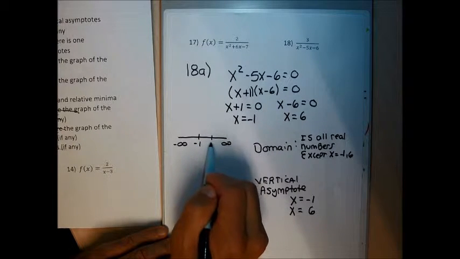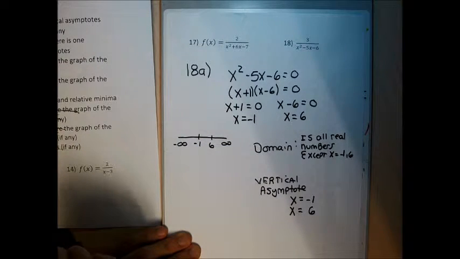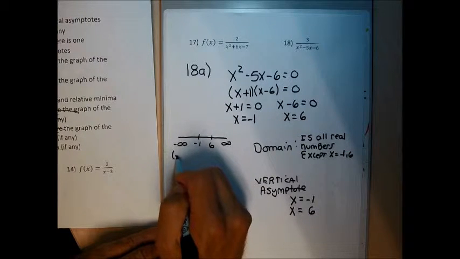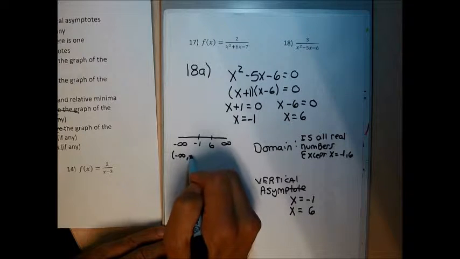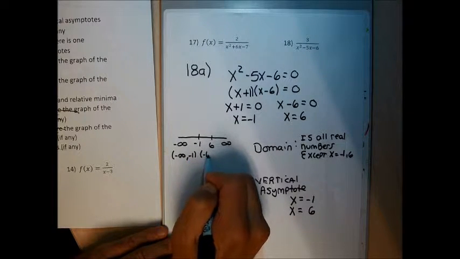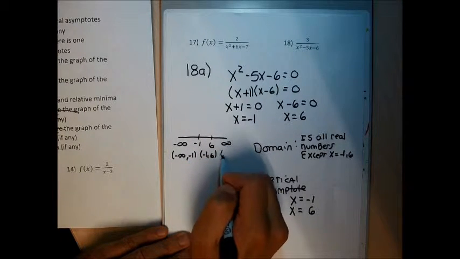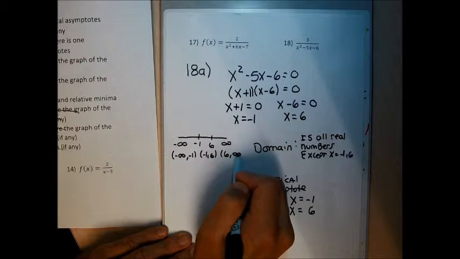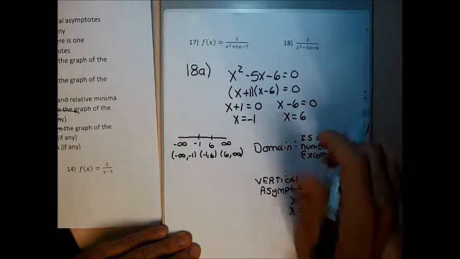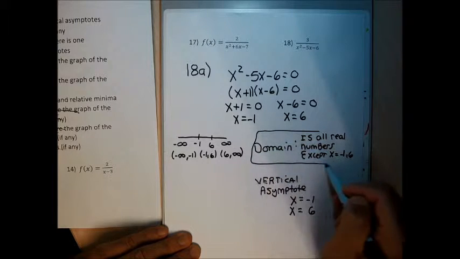Put the numbers we're excluding from the domain on that number line along with the infinities, and then you'd create intervals. And these intervals, all with round parentheses, will form the interval way to write the domain. But I usually just write my domain in words. So this would be completely great for an answer to part 18a, at least the domain part.